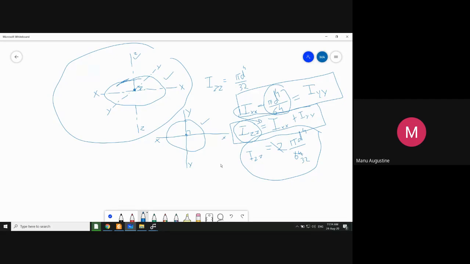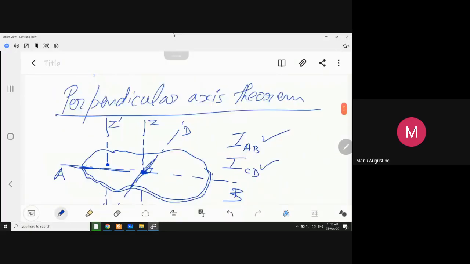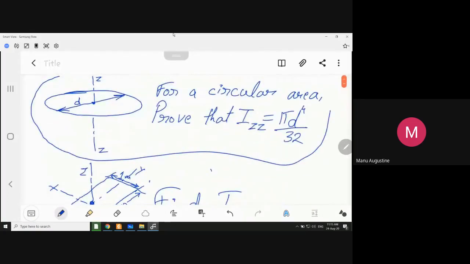So from now onwards, you always remember that the polar moment of inertia of a circular area is given by pi d raised to power 4 by 32. This is the polar moment of inertia of a circular area. You remember it by heart now.